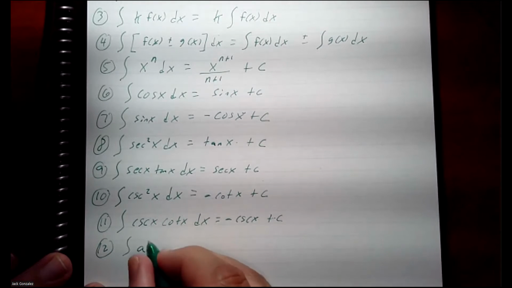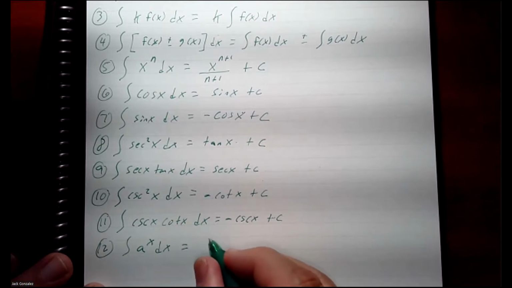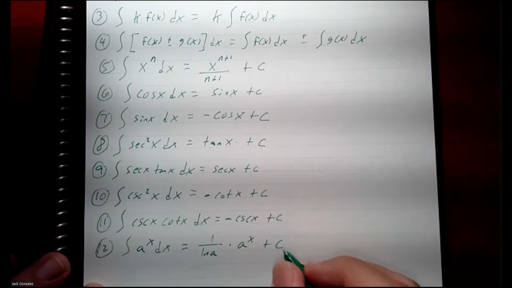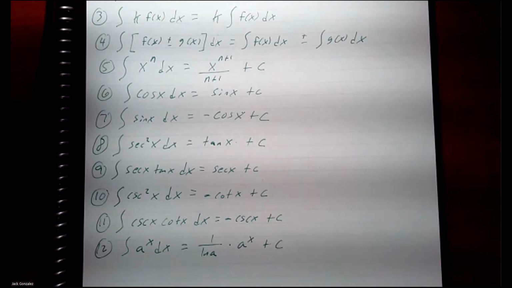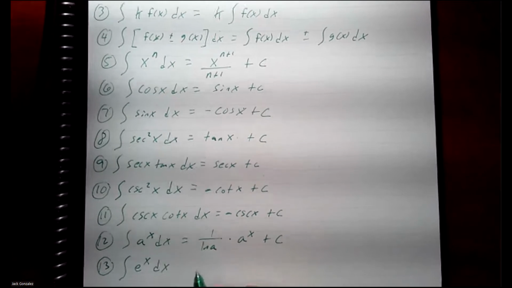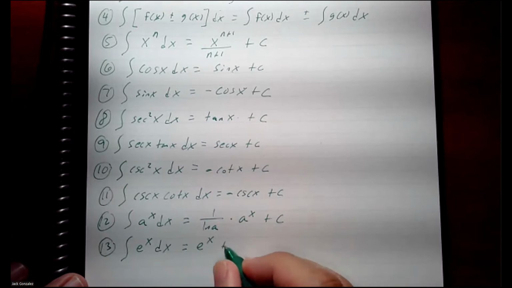The integral of a to the x dx is equal to 1 divided by ln a times a to the x plus c. The integral of e to the x dx is going to be itself plus some constant.